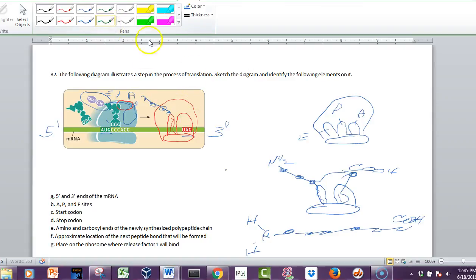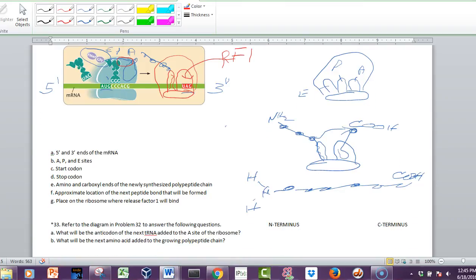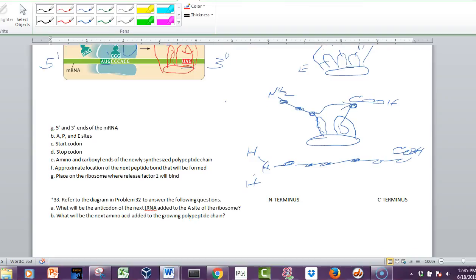And then the next thing to come in here, we'll make it red for stop, is a release factor. And apparently it's release factor 1. But just any old release factor will be fine. And so definitely go over the process of translation and watch videos and see how that works.